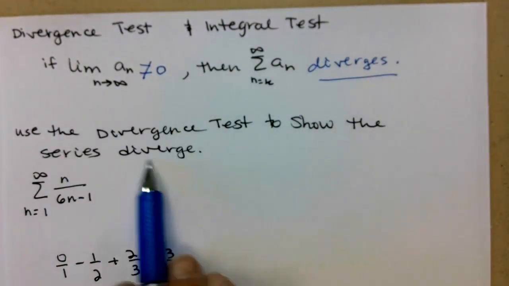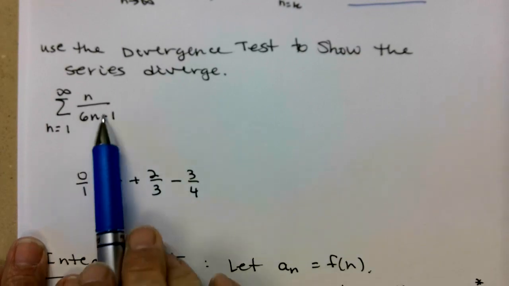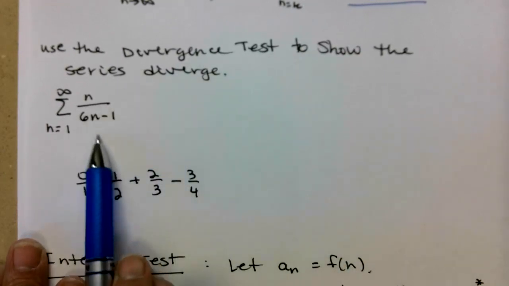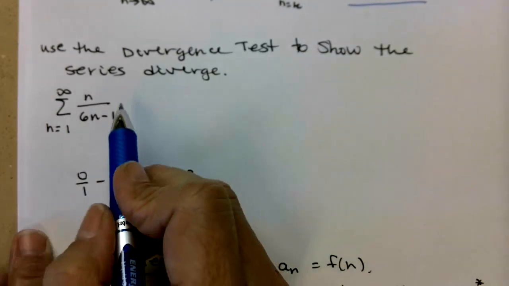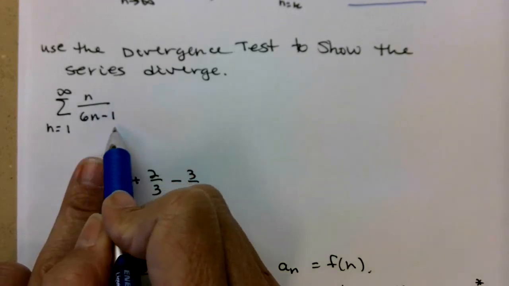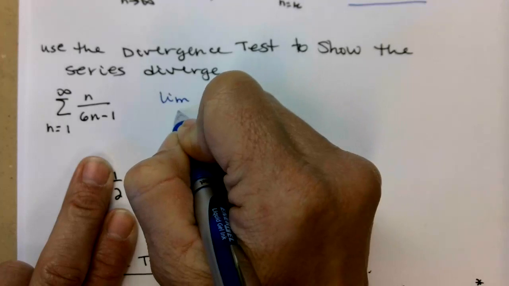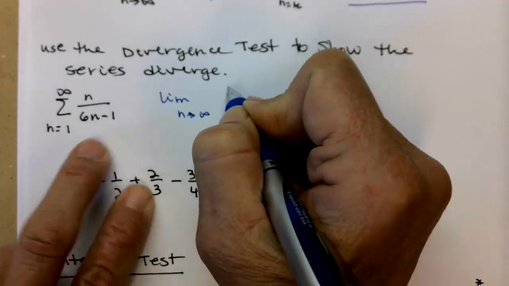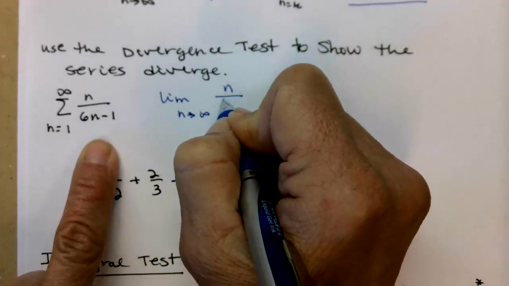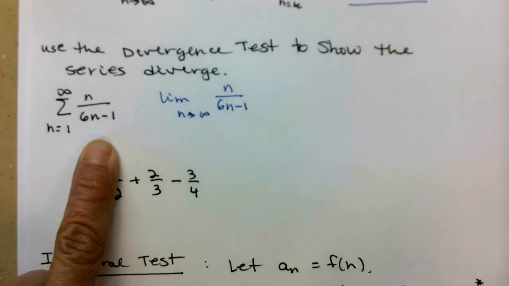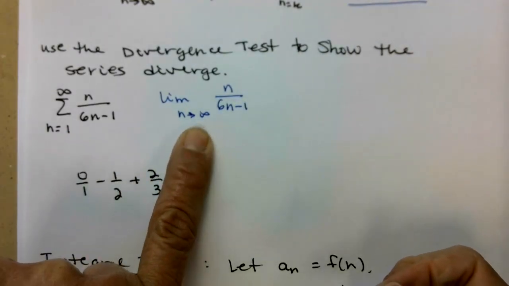Okay, so let's go ahead and show here. I have two examples. We're going to use the divergence test to show that the series diverges. So we're going to take the limit just of that nth term. So we're taking the limit as n goes to infinity of just this general term, n over 6n minus 1. What does that term tend to as n gets really, really big?